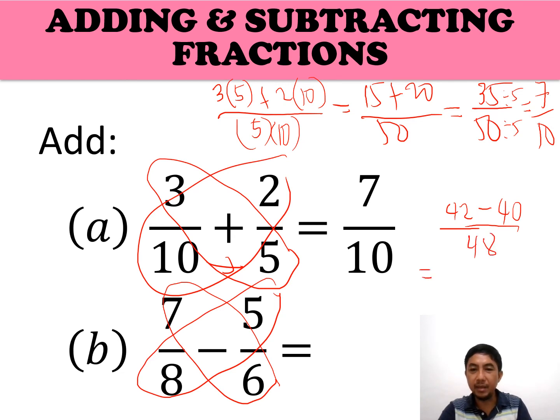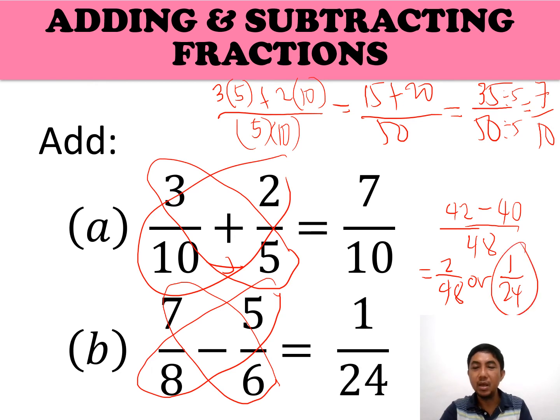This is equivalent now to, we know 42 minus 40 is 2 all over 48. But 2 and 48 are both divisible by 2. So if we divide 2 by 2, you are given 1. 48 divided by 2 is 24. So the final answer is 1 over 24.